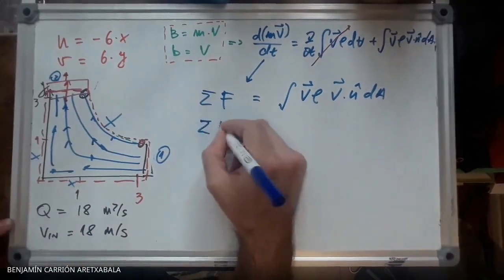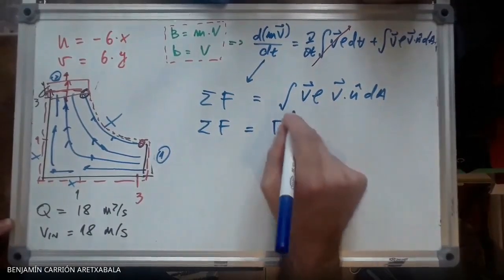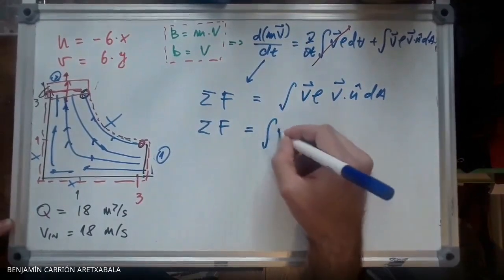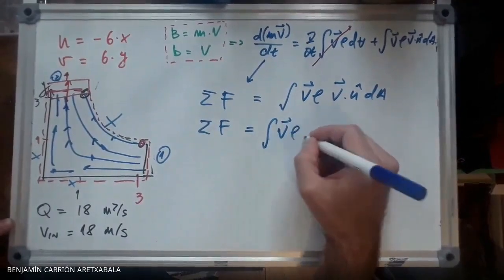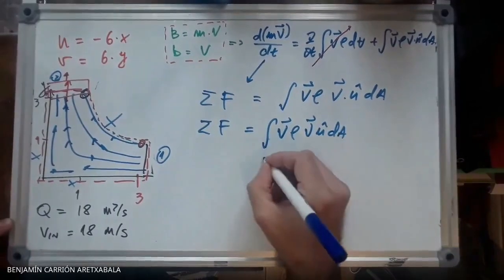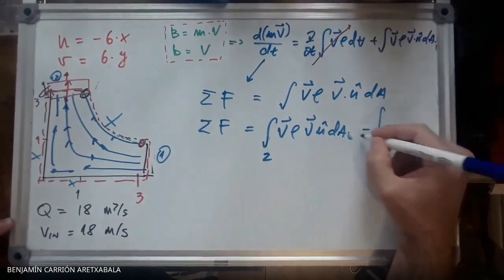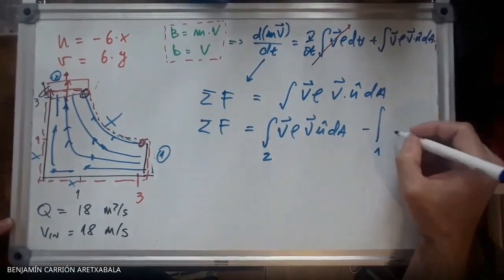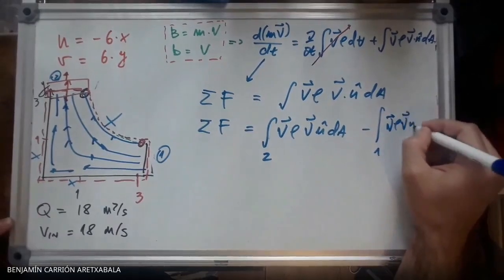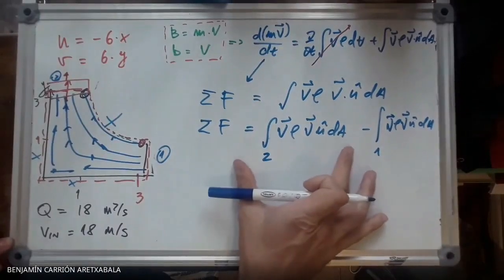So the sum of forces are going to be equal to, let me just take a long way, the integral of V rho V n dA over 2 minus the same integral over 1, V rho V n dA. Okay? Now, how can we solve this?